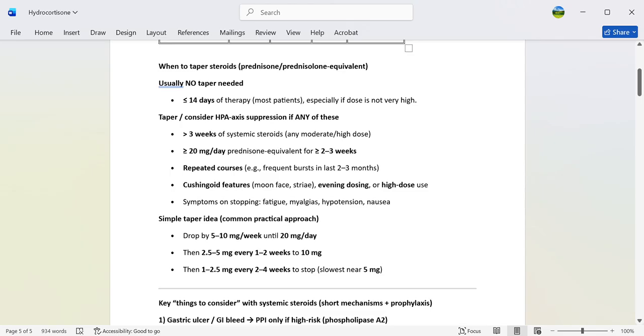And then after 1 week, if your cumulative dose is more than 10 milligram, then we reduce it by 2.5 or 5 milligram and stay on the same dose for 1 to 2 weeks, and so on. If your cumulative dose is 5 milligram or near it, then we reduce by 1 to 2.5 milligram and stay for 1 to 2 weeks or more on the same dose before stopping completely.